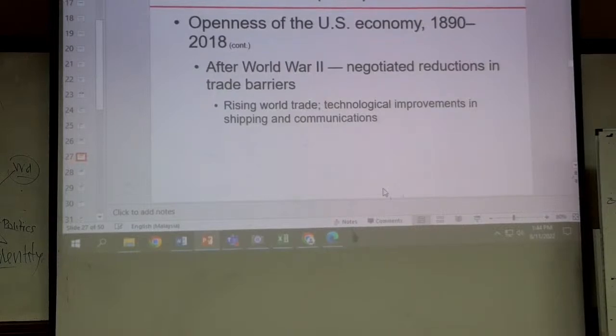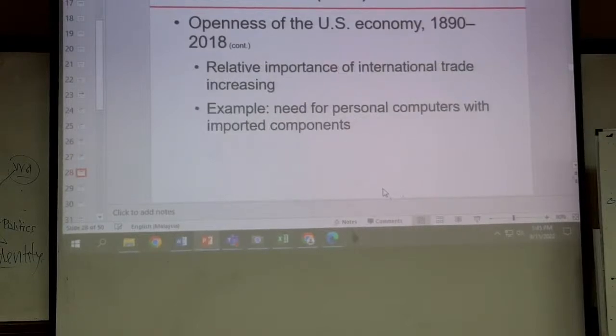After World War II, there were negotiated reductions in trade barriers: GATT, and in 1995 the WTO, raising world trade, with technology improvements in shipping and communication. The importance of international trade is increasing, for example the need for personal computers with imported components during COVID-19.